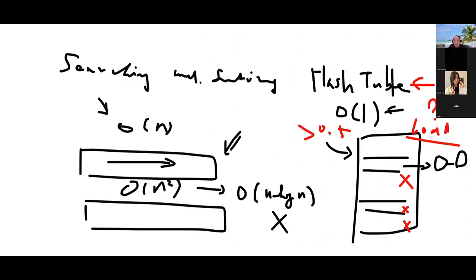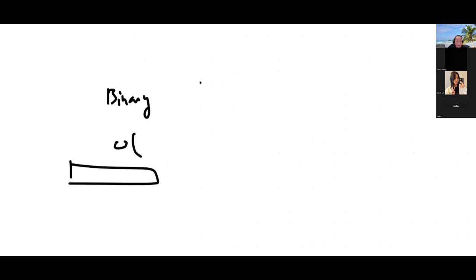So that is searching and sorting with a hash table. Now let's look at the other design. On the same problem, you may use binary search. With binary search, your performance goes down to log n.